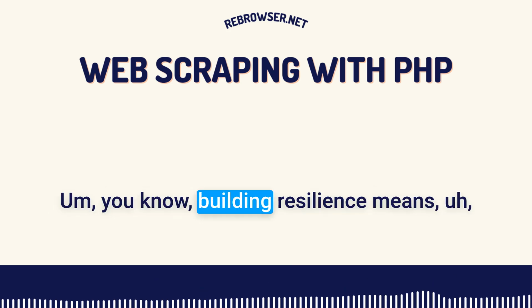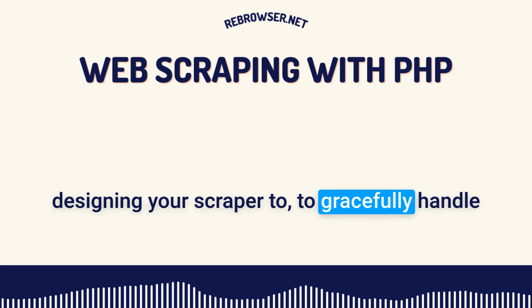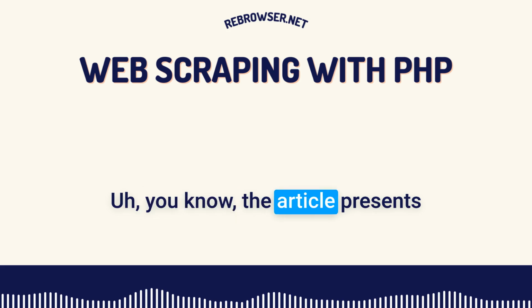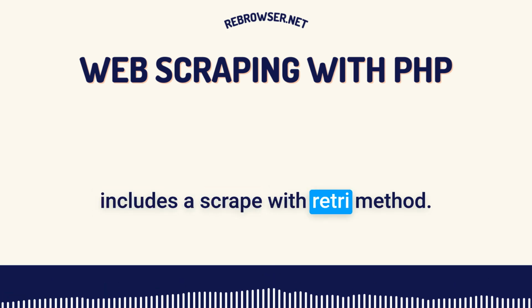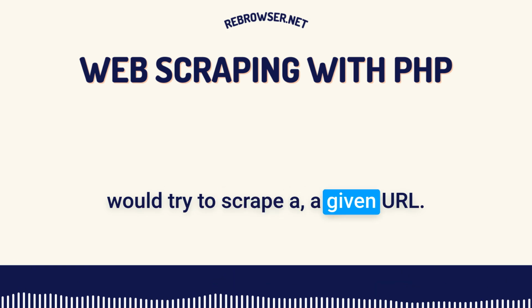Building resilience means designing your scraper to gracefully handle these errors and attempt to recover. The article presents a resilient scraper class that includes a scrape with retry method. And this method would try to scrape a given URL.